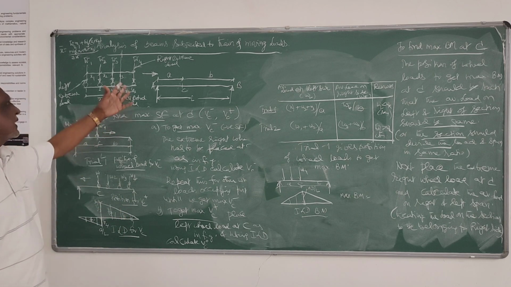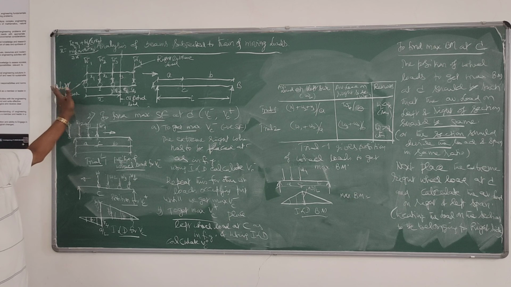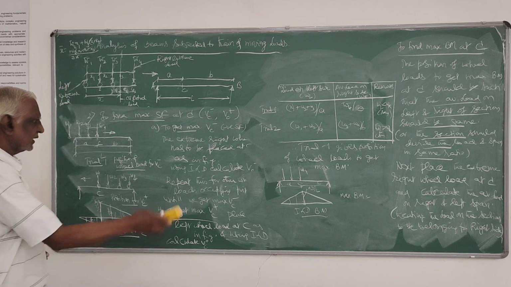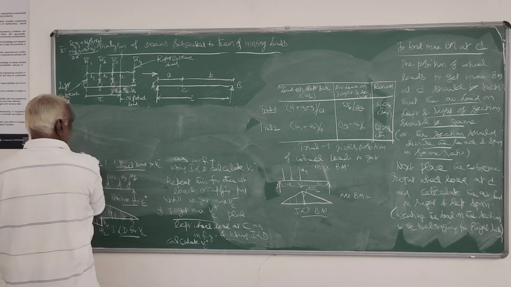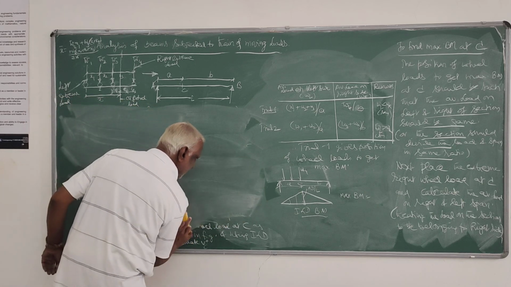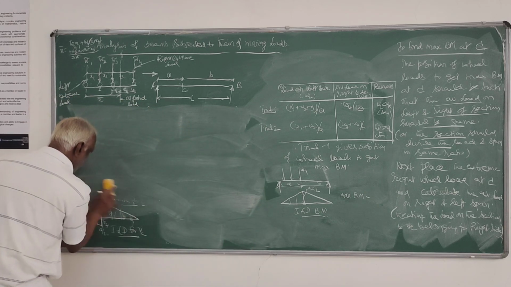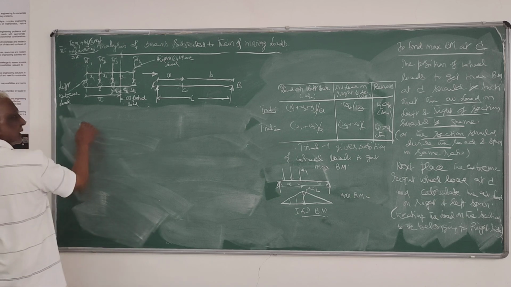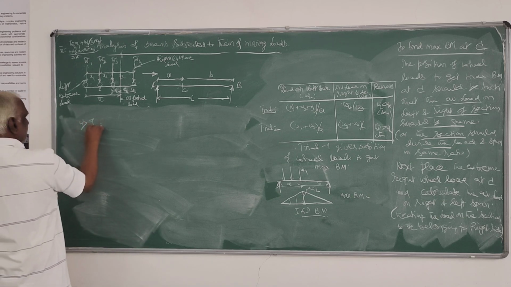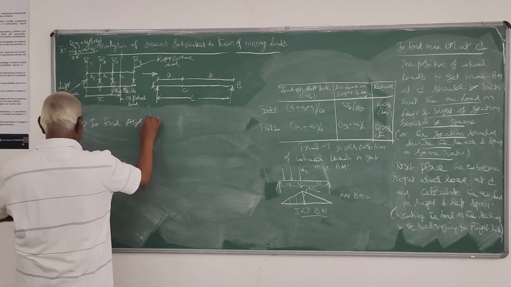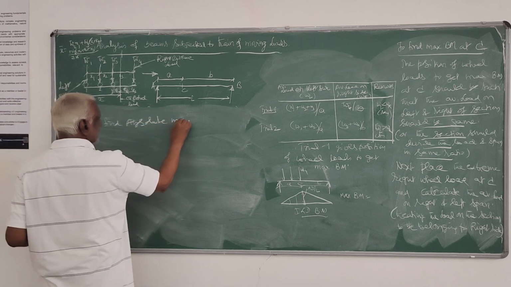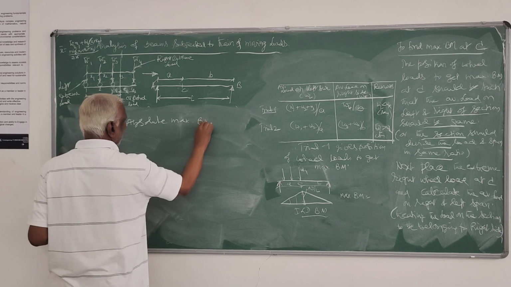So you can take any numerical example and finish that. So we will take up the last case, that is to find absolute maximum bending moment in the beam. That is 4, to find absolute maximum bending moment.